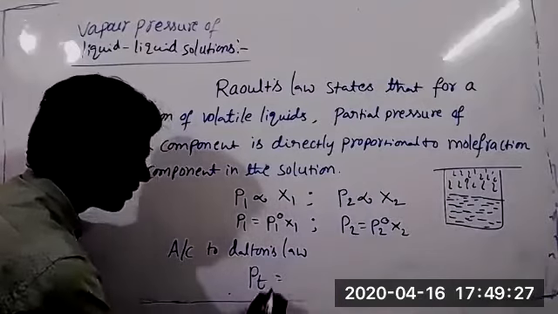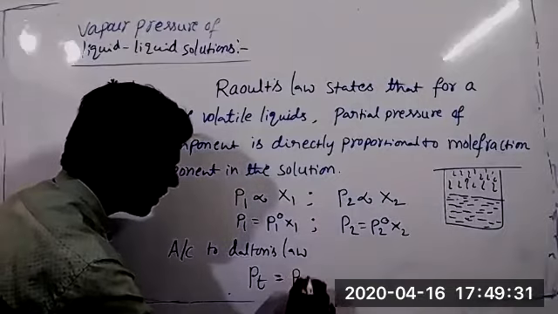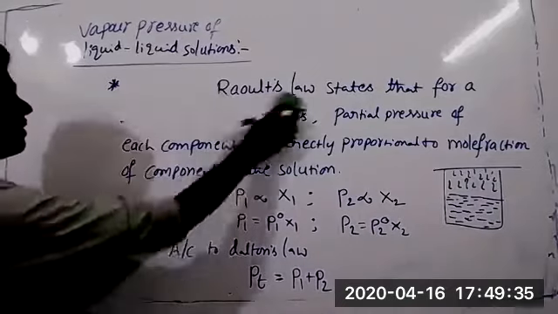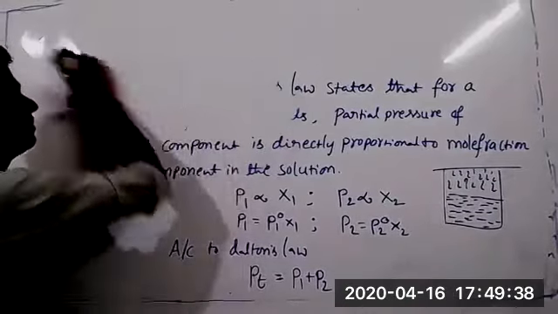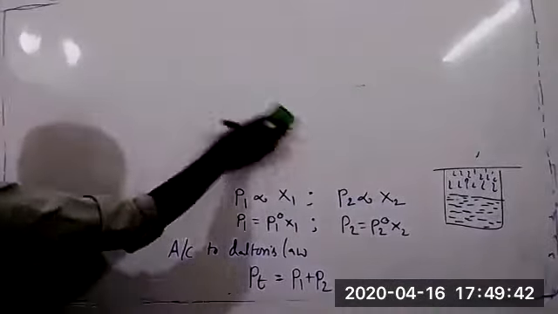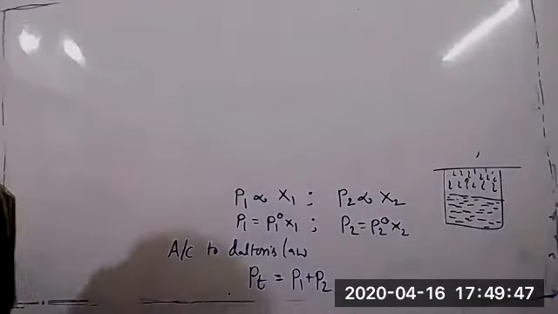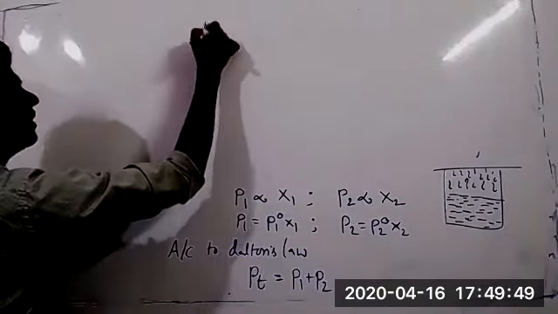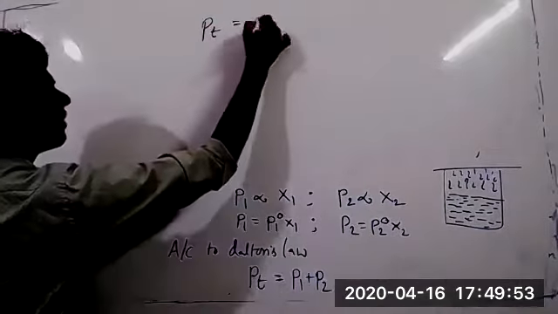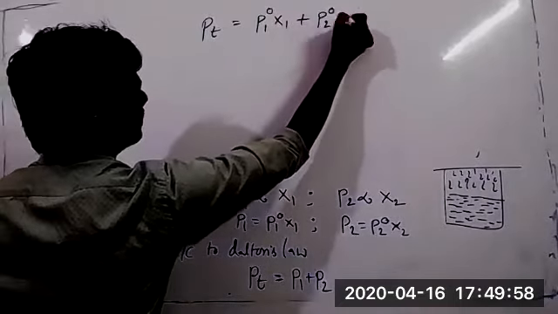P total, the total pressure, is equal to component 1 plus component 2, P1 plus P2. Further derivation: P total is equal to, instead of P1 and P2, substitute this: P1 power 0 into x1 plus P2 power 0 into x2.